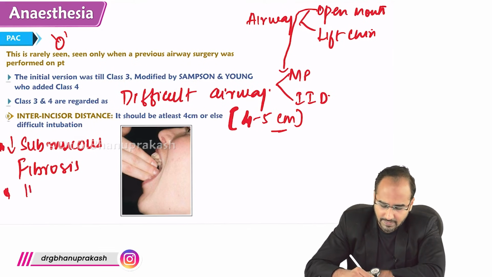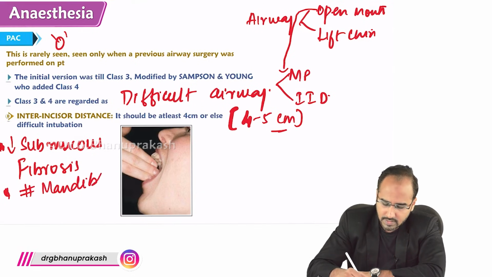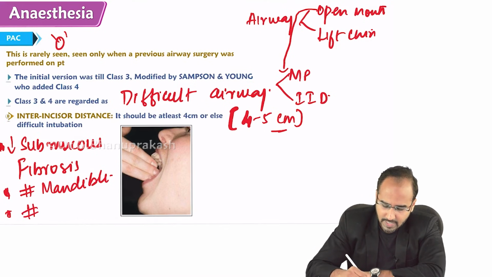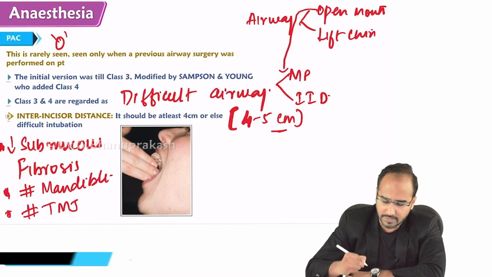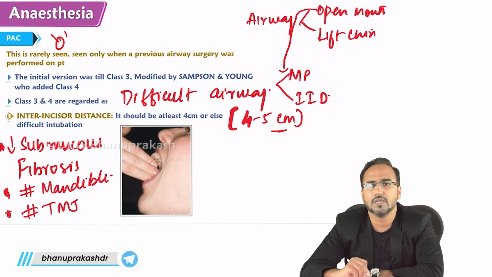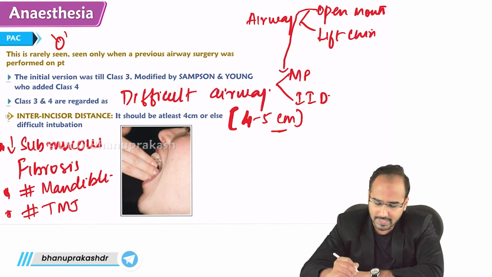If the patient has a fracture of mandible, they will have low inter-incisor distance. If the patient has a fracture of TMJ, what is TMJ? Temporomandibular joint, they will have a low inter-incisor distance.